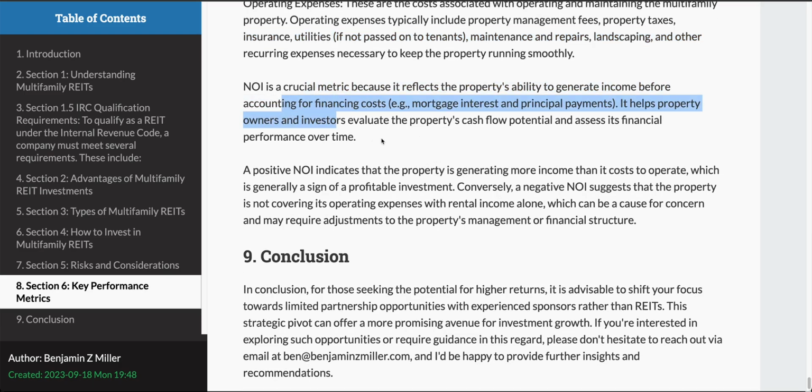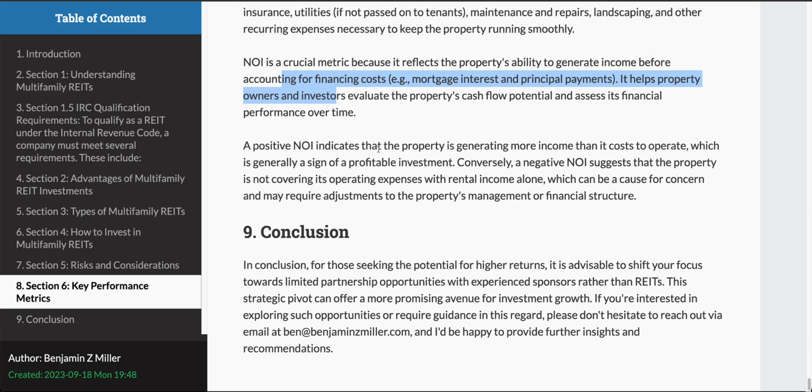But it's an important metric, and it's used all over in multifamily investing. In general, assets that have lower cap rates tend to be higher quality assets, and assets with higher cap rates generally are riskier assets. But that is something that's important.